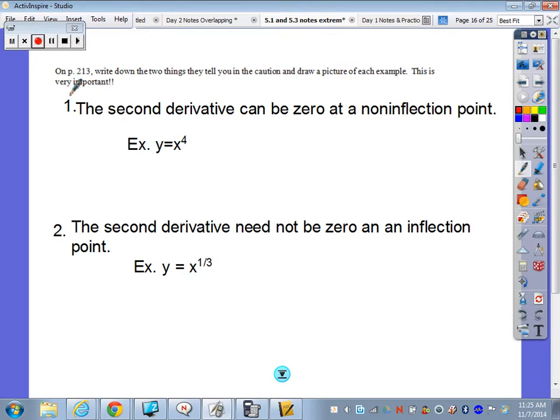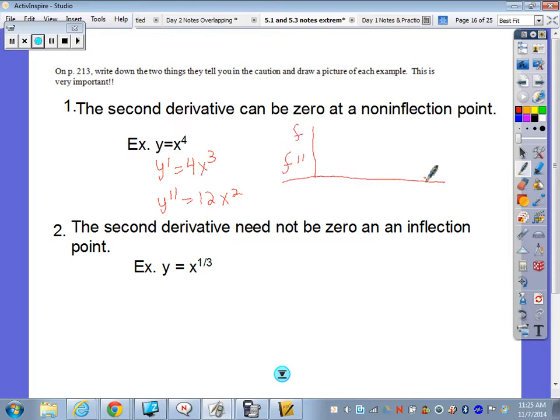On page 213, and you can look this up in your book, there's two important things they tell you to caution. The first one, I wrote it here, is the second derivative can be 0 at a non-inflection point. So if we take the first derivative of this, we get 4x cubed. The second derivative, we get 12x squared. I'm going to draw a sign chart for the second derivative.